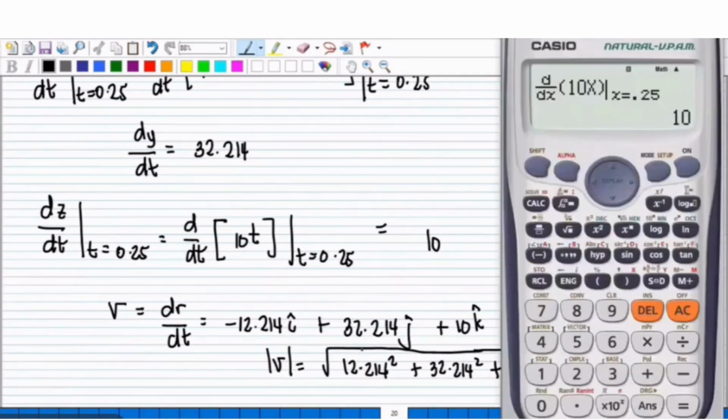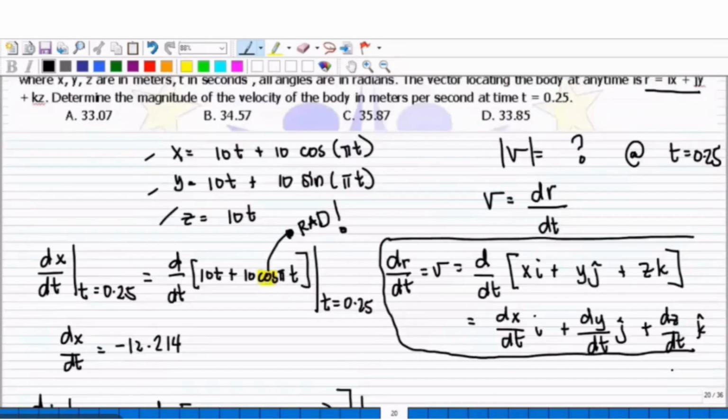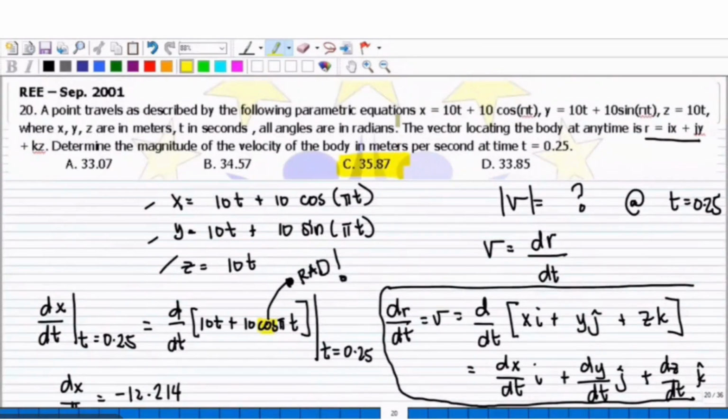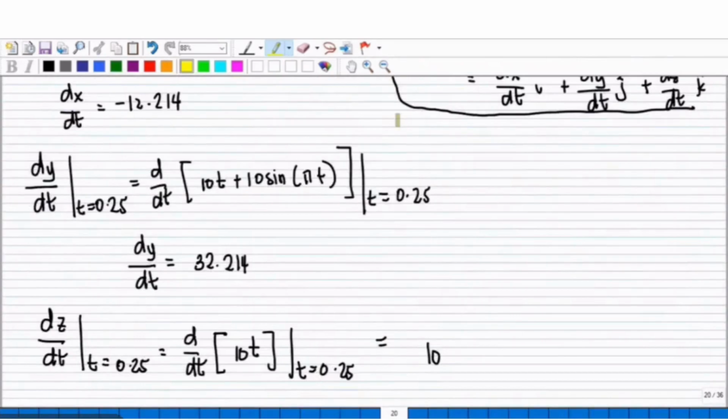This is equal now to 35.874. So the answer is letter C. Part 1, then part 2, then part 3.